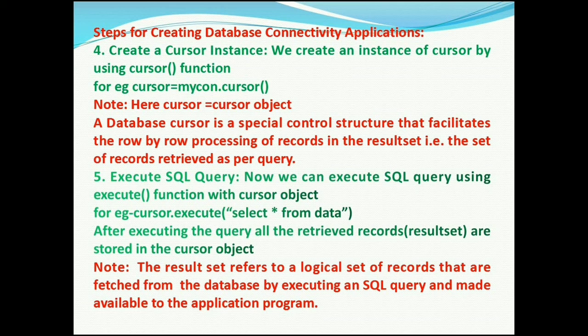A database cursor is a special control structure that facilitates the row by row processing of records in the result set. What is a result set? The result set is the set of records retrieved as per the query. Suppose we have 4 records, then the result set will be 4.